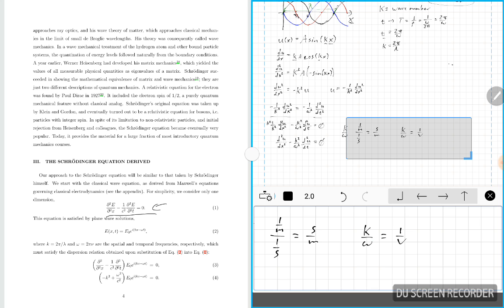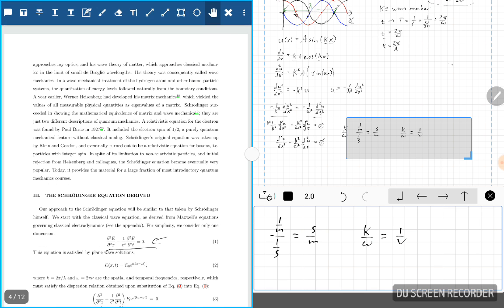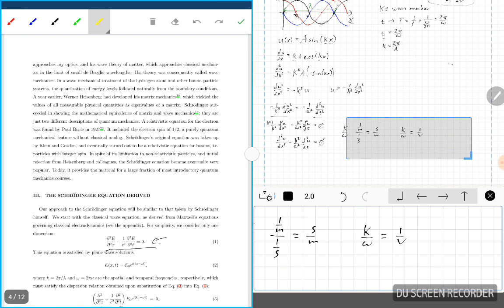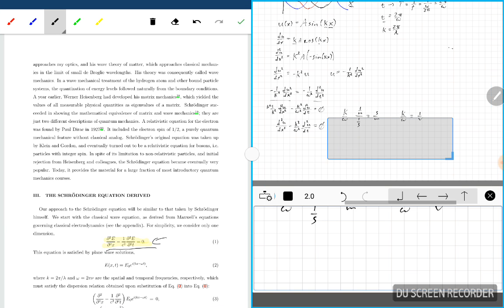Specifically, looking at this example, we're going to start with light. So we're going to be looking at energy, or an electromagnetic wave. We're going to be looking at the energy of light, and for that we will be using an electromagnetic wave where we will have E equals E naught e to the i (kx minus omega t).